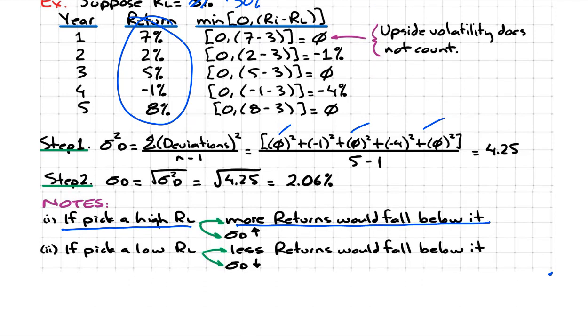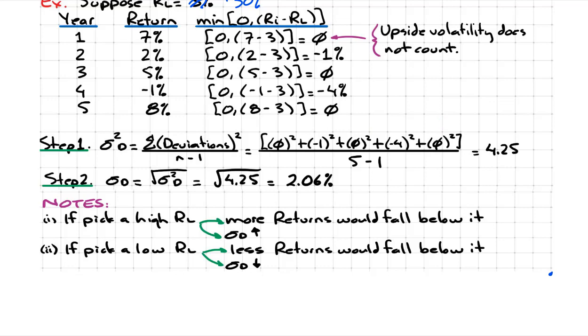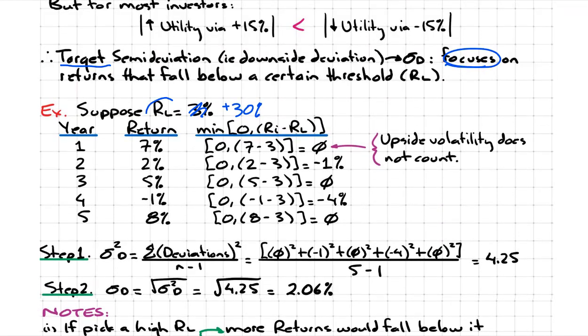So there would be more returns below the target, and therefore the dispersion would be higher. Even if you don't follow the math, let's see if we can follow the logic. If your target return is very high, then there's going to be a lot of returns that fall below that target. So you're going to get a lot of volatility below that target.